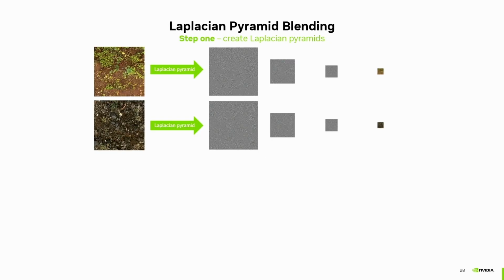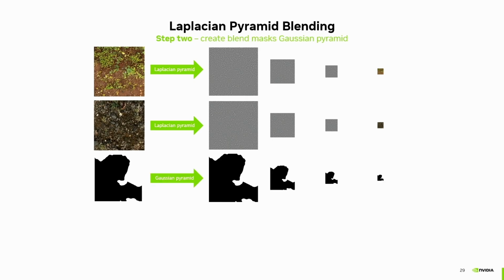In Laplacian pyramid blending, in the first step, we take the input textures and we create Laplacian pyramids of them. Then we take the input mask, which is a very sharp mask, and we create a Gaussian pyramid. By creating a Gaussian pyramid of the mask, each next, coarser and coarser level of the pyramid is actually a more and more blurry mask.